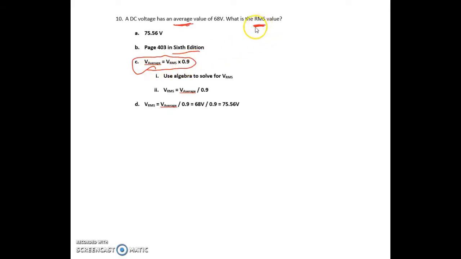Now the question is asking for the RMS value. This formula is solving for the average value, so we need to do a little bit of algebra. I'll do that off to the side. I'm just going to use VA for average equals V RMS times 0.9. We need to solve for RMS.